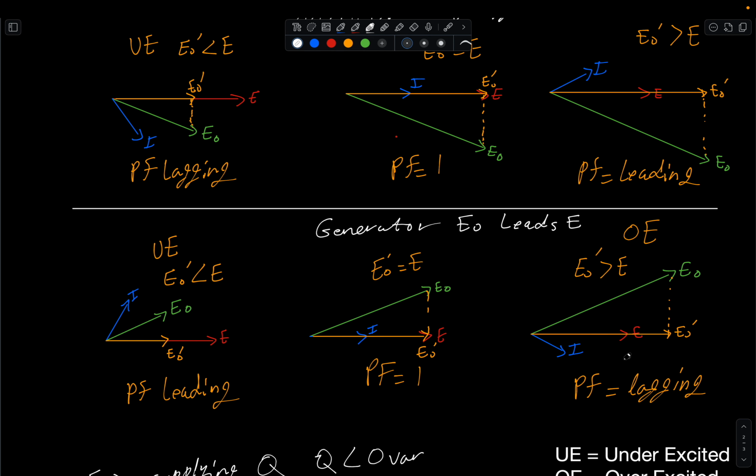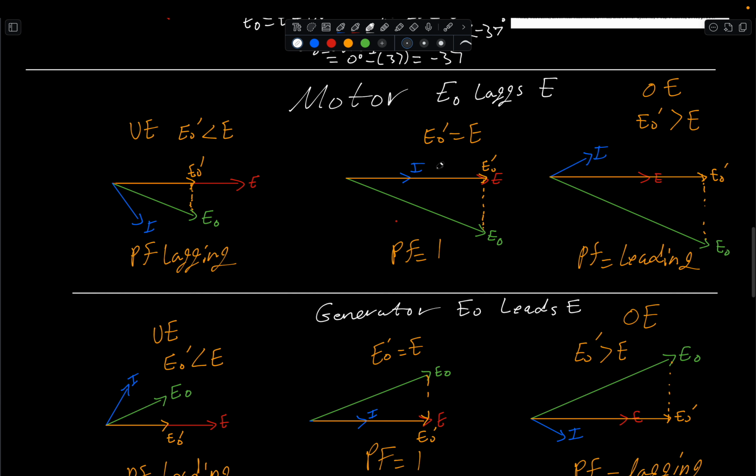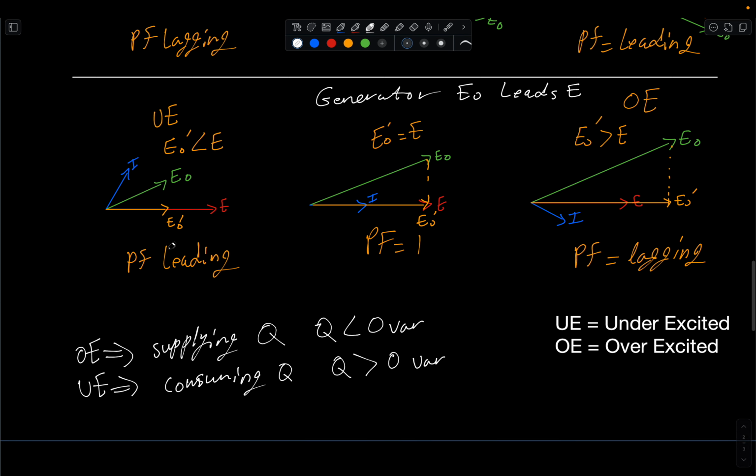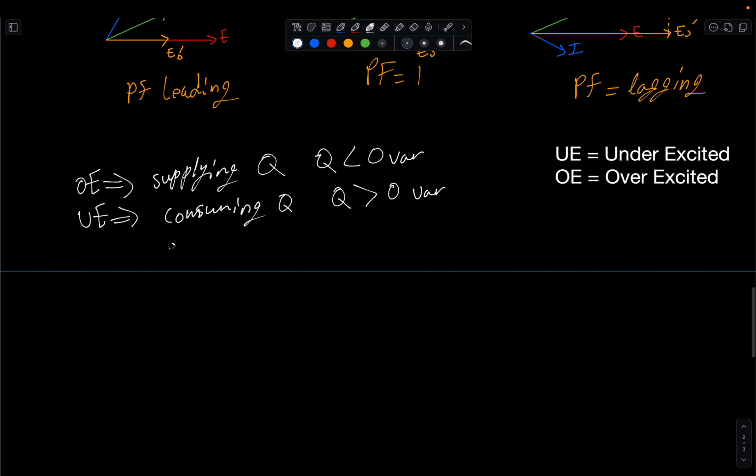Do you see the comparison? Same thing here. For a motor, when the power factor is leading, the motor is overexcited. So for a generator, when the power factor is leading, it's going to be underexcited. That's how I relate those two relationships, that they're completely opposite of each other. That's really all I wanted to bring out.